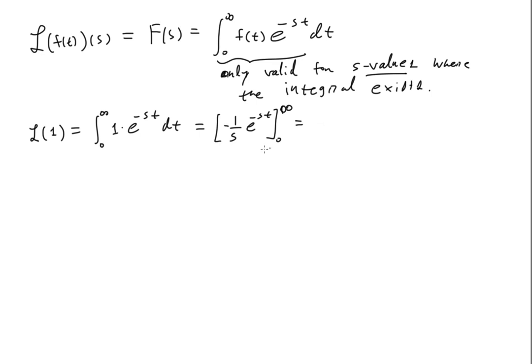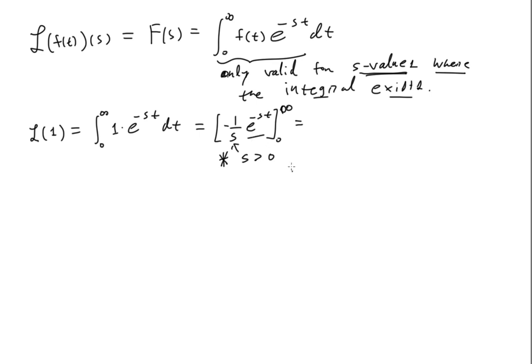And of course, here we have to actually put a little asterisk. Again, the idea is that it only is valid for s values where the integral exists. If this integral exists, it means that this has to be not infinity. So we actually have to put a restriction on this. s has to be greater than 0, because we have this division by 0 there, right?